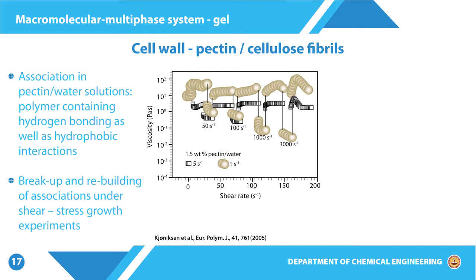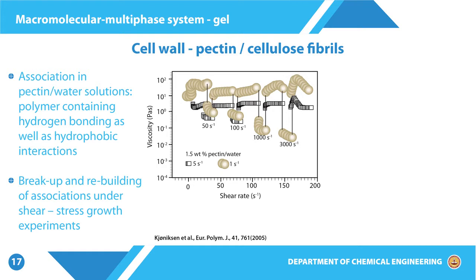So, the associations which are present in pectin and water solution can be affected and more often than not broken whenever we subject them to higher and higher strain rates. So, as we subject the material to higher and higher strain rates, we can see that the drop from this initial value is much more significant, which means there is a more significant breakage of the associations.